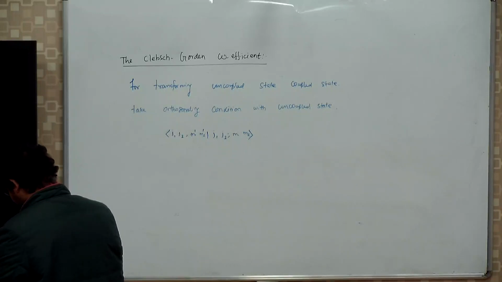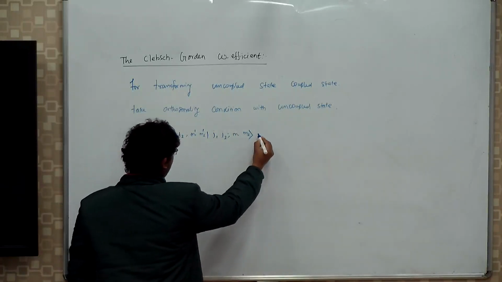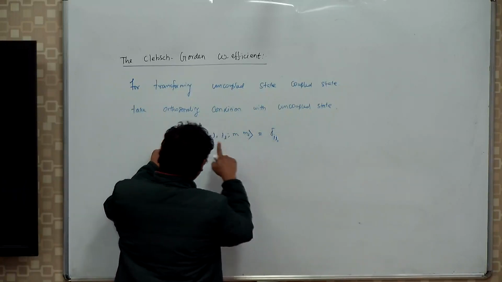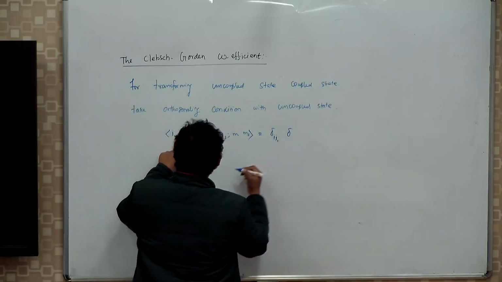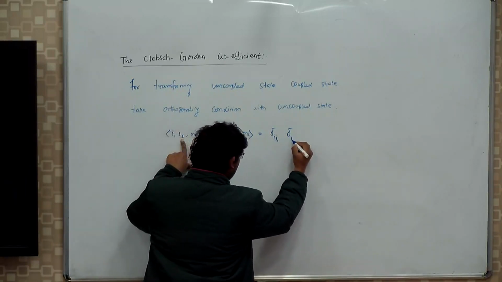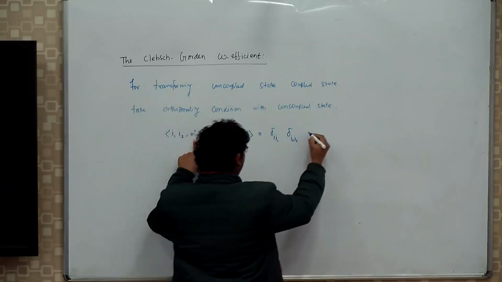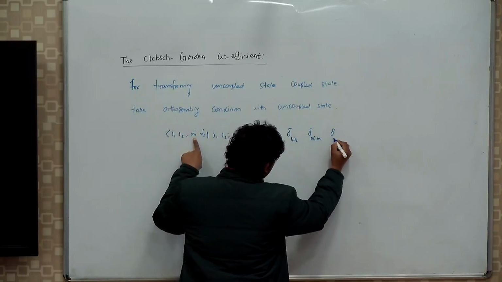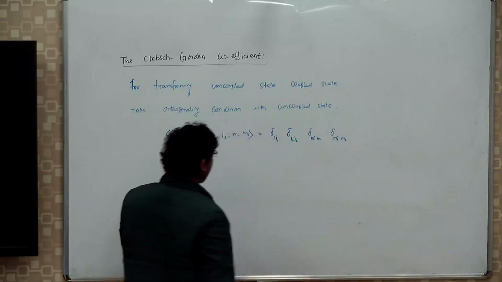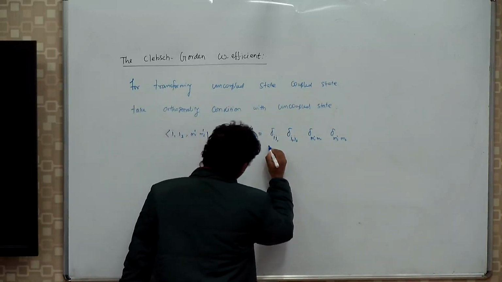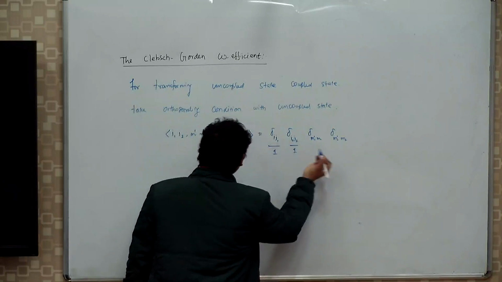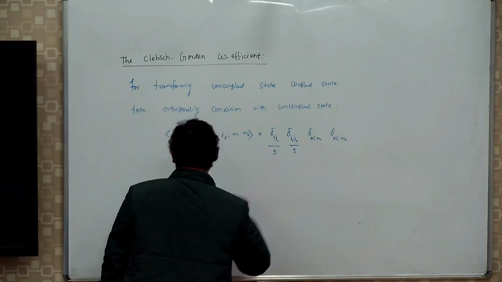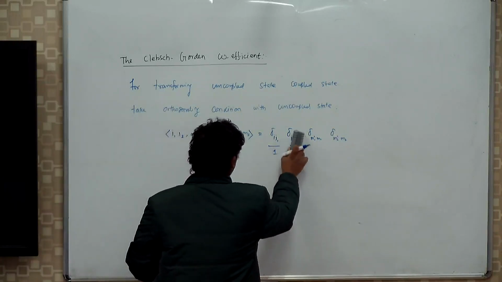And this is equal to delta J1 J1 when you combine these two terms, and again delta J2 J2, and when you combine these two states, M1 dash M1 and M2 dash M2. Again these values are 1. So finally you will get this with delta M1 dash M1 and delta M2 dash M2. So we can remove this, there is no problem.